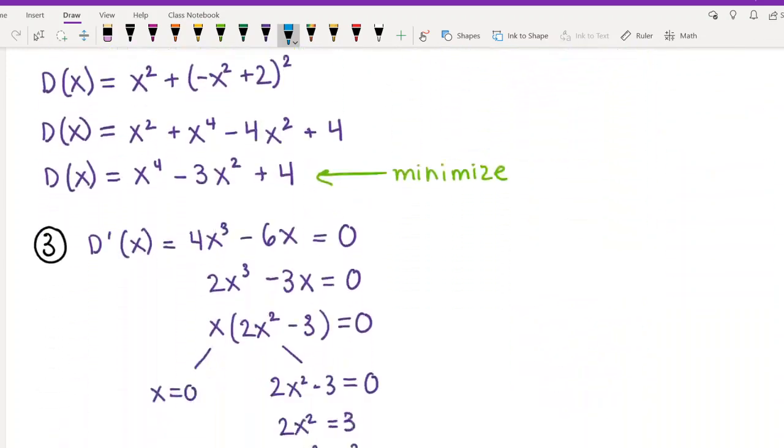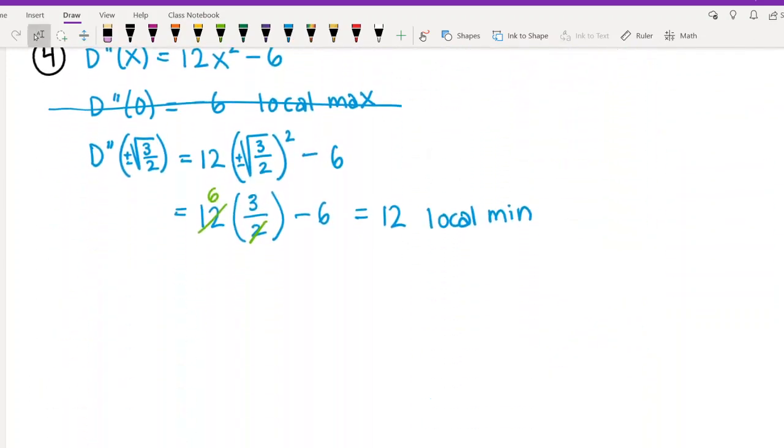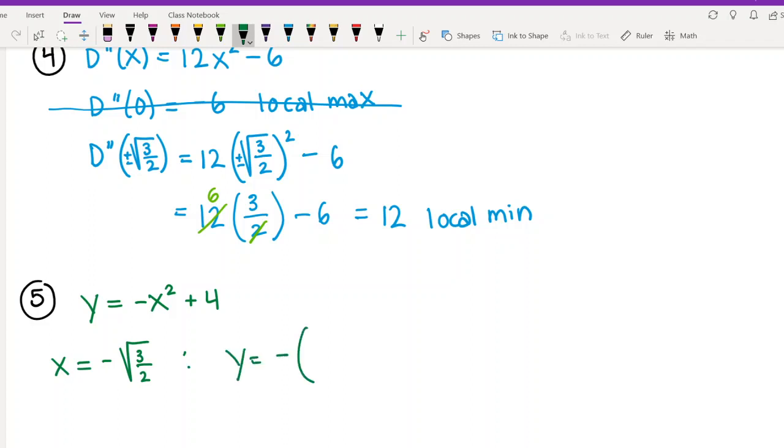So to finish off this question and find what's asked of us, our equation was y is equal to negative x squared plus 4. So if we plug in x is equal to negative square root of 3 halves, we're going to get y is equal to negative square root of 3 halves squared plus 4.